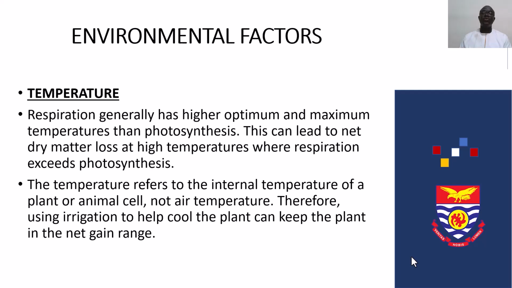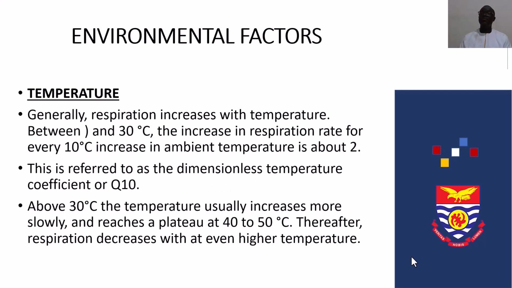This can lead to net dry matter loss at high temperatures where respiration exceeds photosynthesis. The temperature refers to the internal temperature of a plant or animal cell, not air temperature. Therefore, using irrigation to help cool the plant can keep the plant in the net gain range.